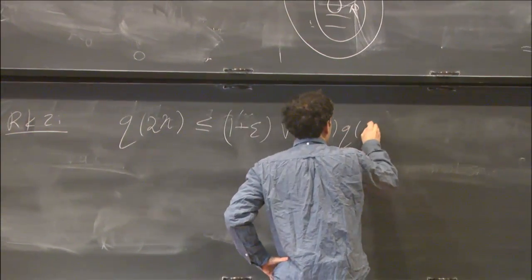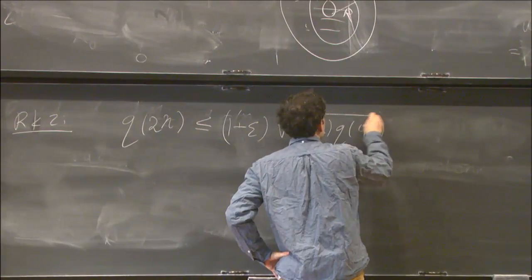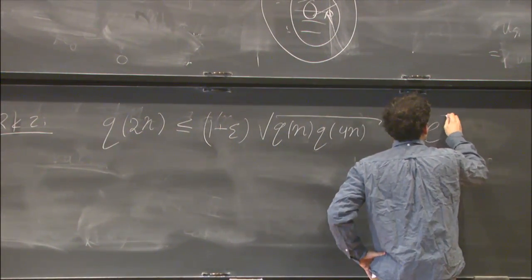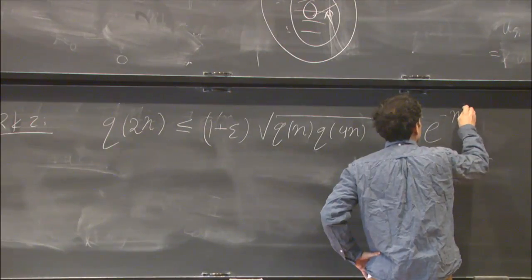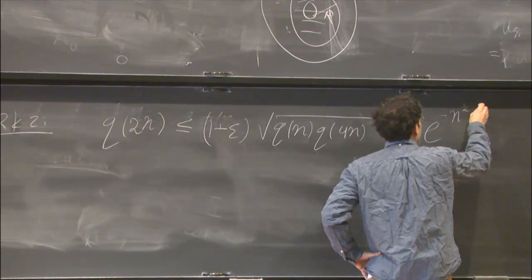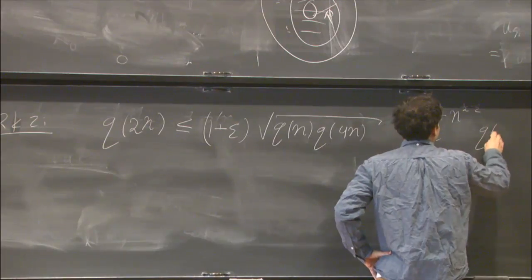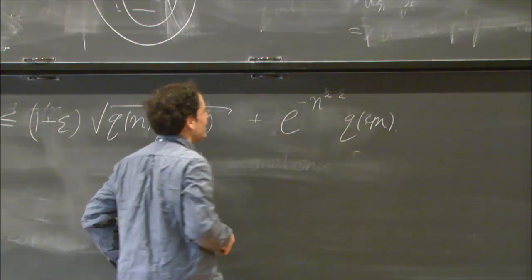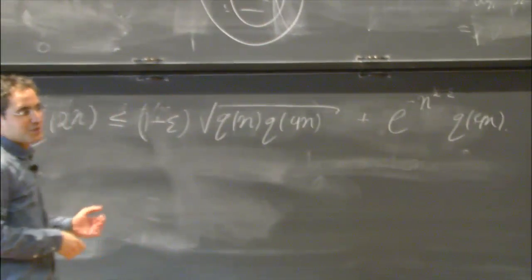But then we pay a price: for the error, instead of having n to the power 1/2, we have n to the power 1/2 minus epsilon. So we don't know how to get the constant for epsilon equals 0.